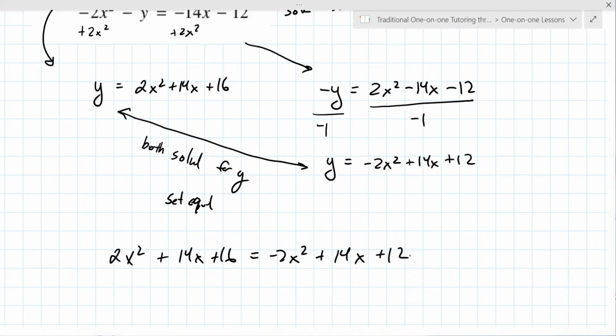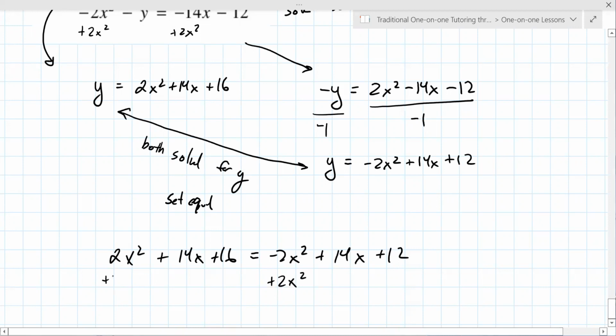Whenever you're solving a quadratic, you want to get everything on one side of the equation, typically 0 on the right-hand side. So you're going to add 2x squared, subtract 14x, which will cancel, and subtract 12.